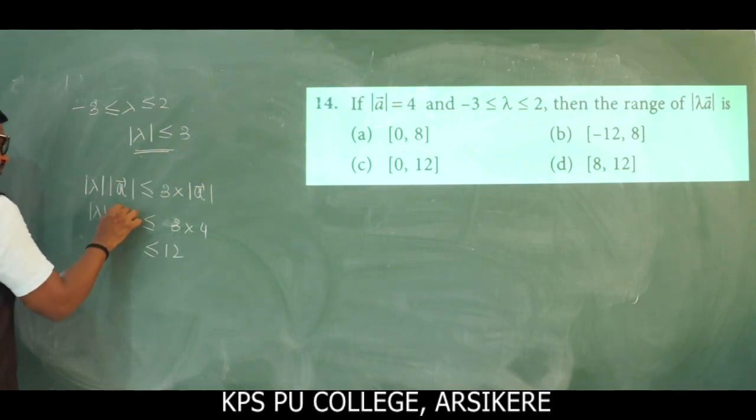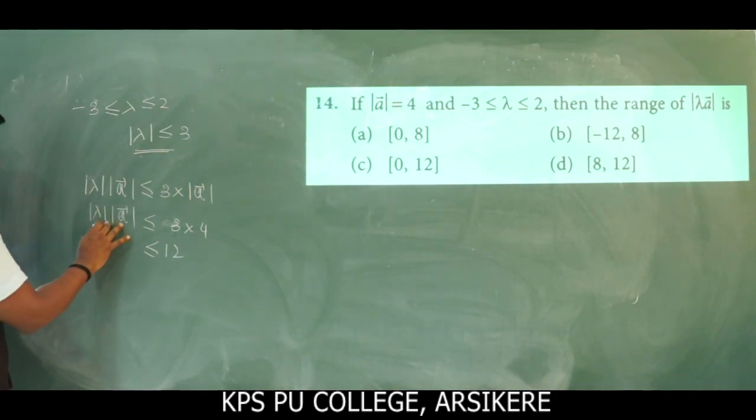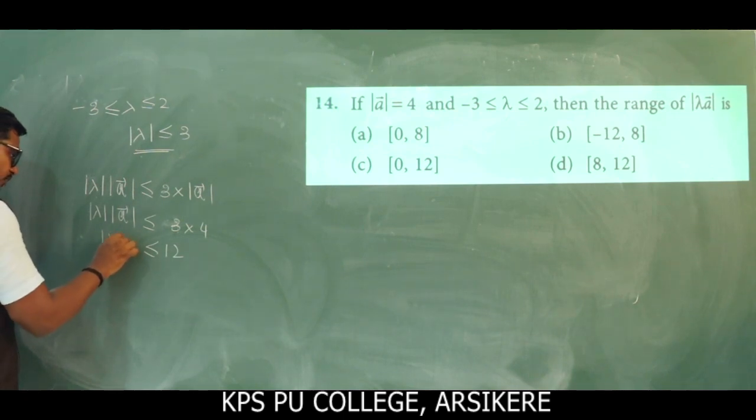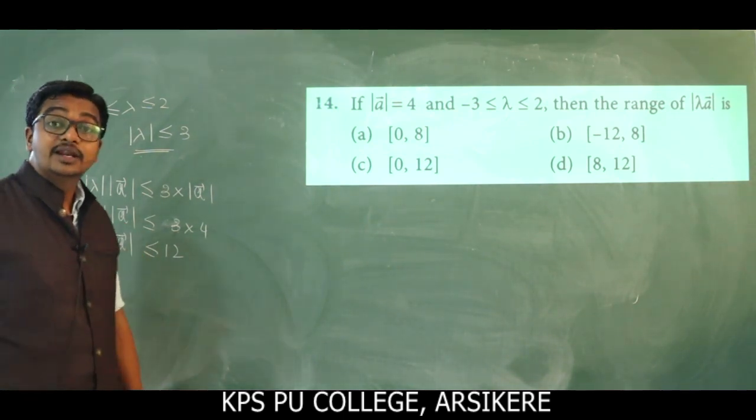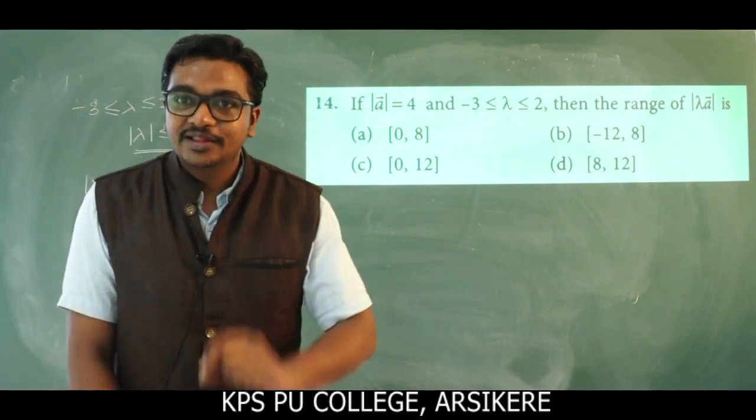If I combine these two, that becomes lambda into vector A, that is magnitude of lambda into vector A, less than or equal to 12.